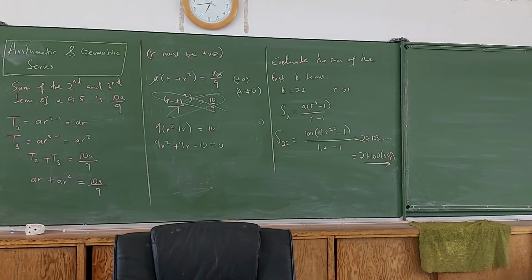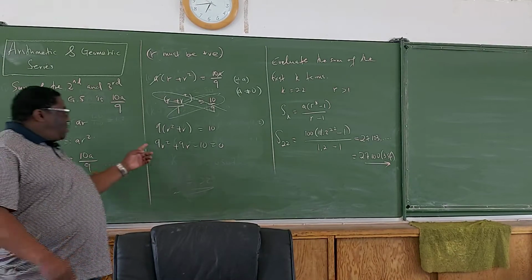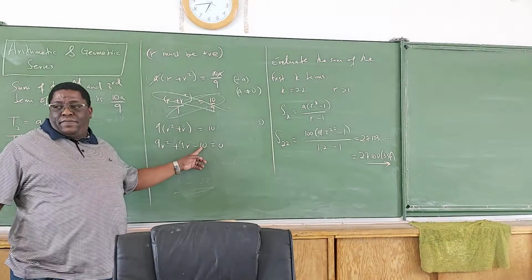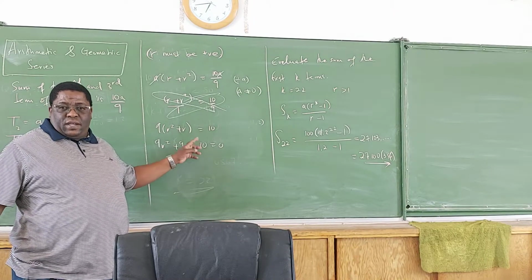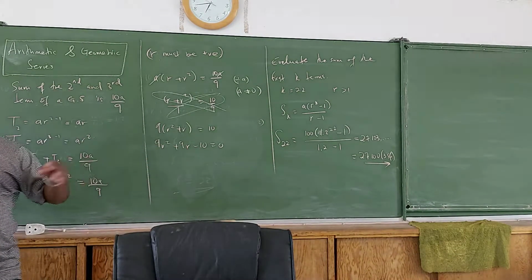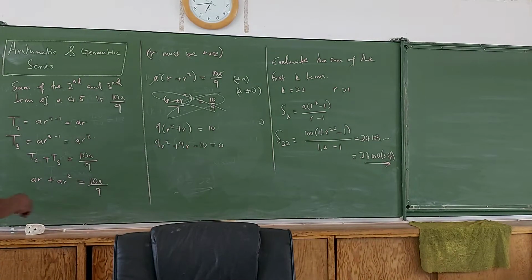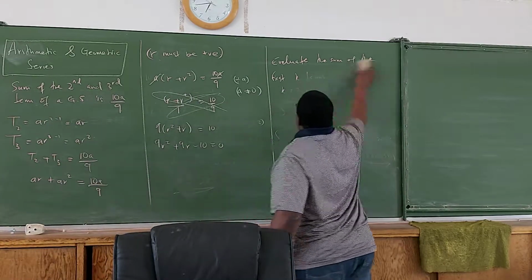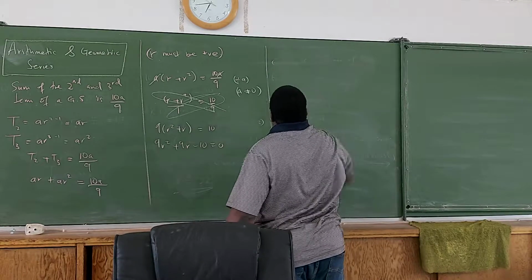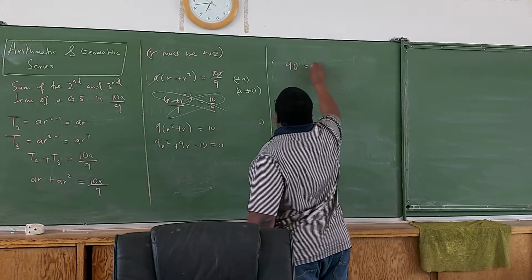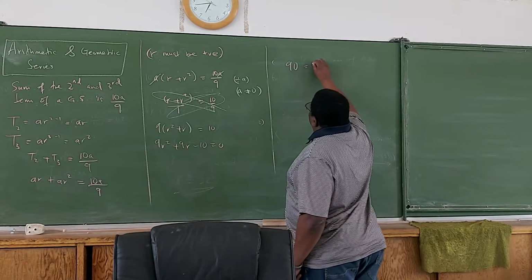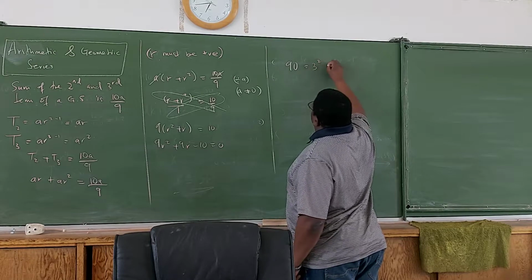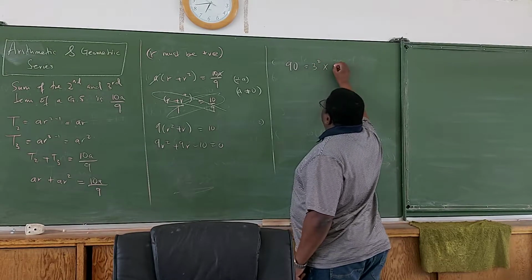You can use the quadratic formula if you want to, right? But I want to find what two numbers, when you multiply, you get negative 90, and you add them, you get 9. Now check. So 90 is nothing but 3 squared, 9 times what?